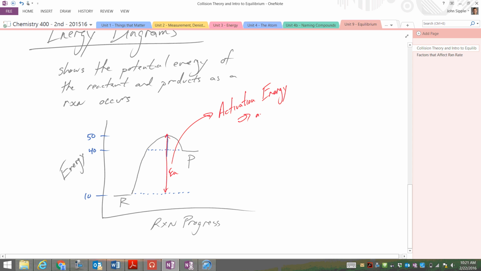That is the amount of energy necessary for the reaction to occur. So that's the activation energy, or EA, is what it's abbreviated as. For this reaction, what would the value of the EA be?